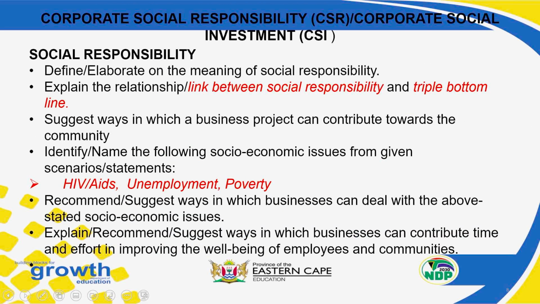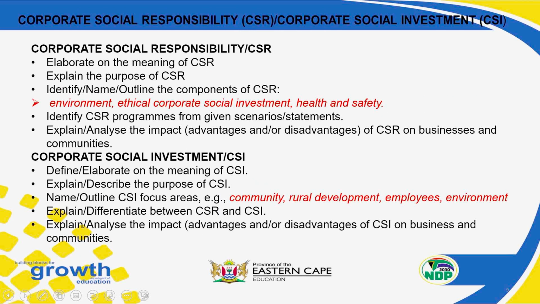Let's go to another slide for social responsibility. With this one, you must elaborate on the meaning of CSR and the purpose of CSR, and identify or outline the components of CSR. The components are: environment, ethical, corporate social investment, health and safety.